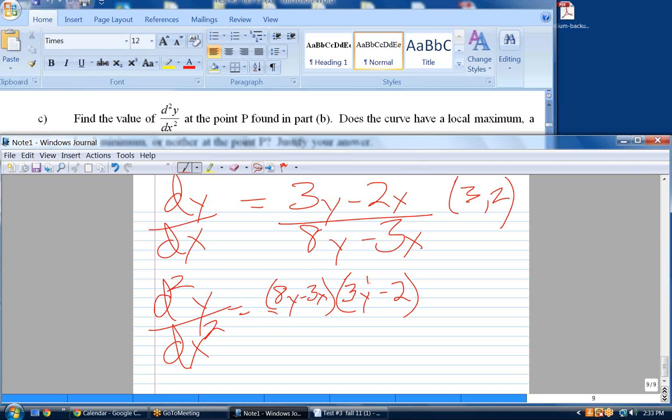The derivative of the top is 3y prime minus 2. Then from that, we subtract the derivative of the bottom, which is 8y prime minus 3, times the top, which is 3y minus 2x. All of it is divided by the bottom squared.